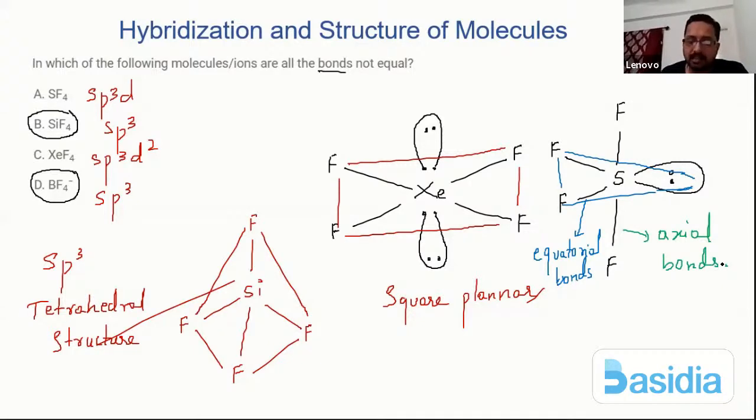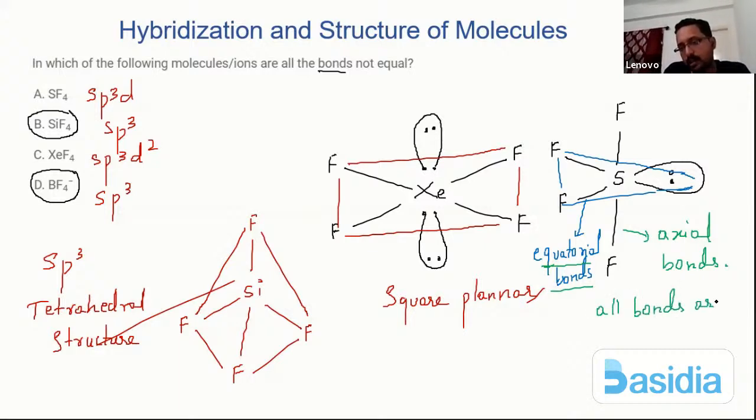And I think in the last class I have made it very clear that axial bonds are slightly longer compared to the equatorial bonds. And that is the reason why here all bonds are not equal.